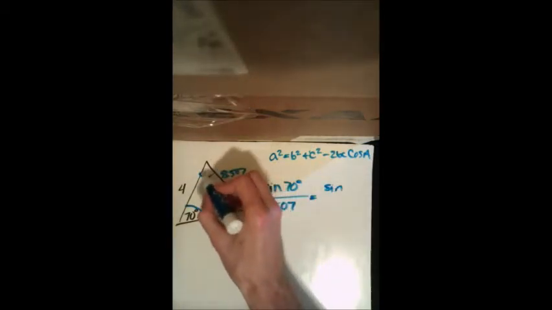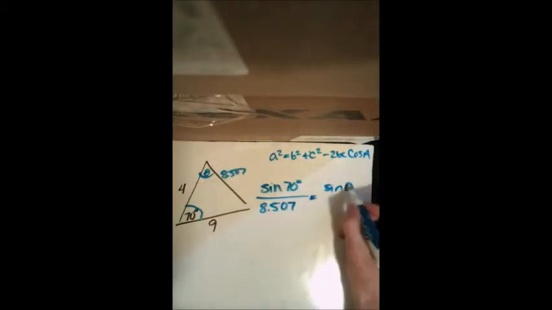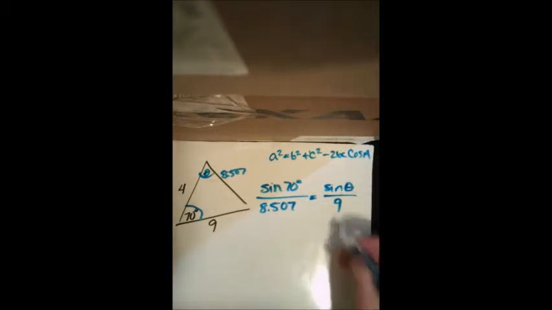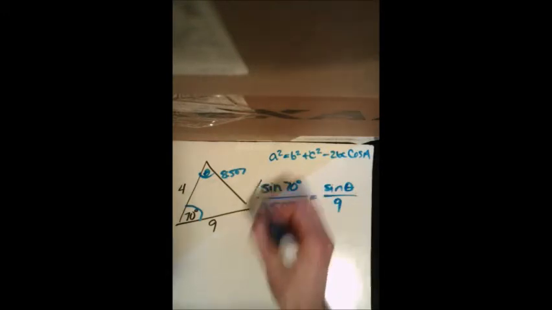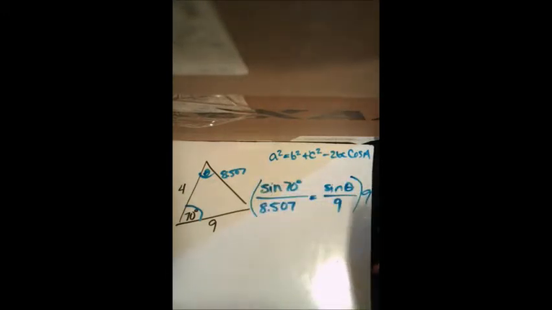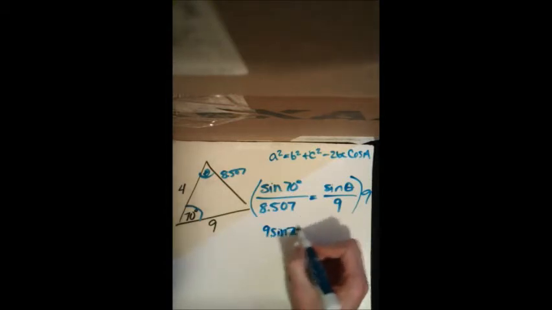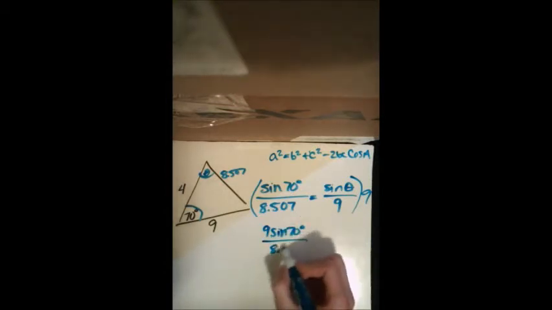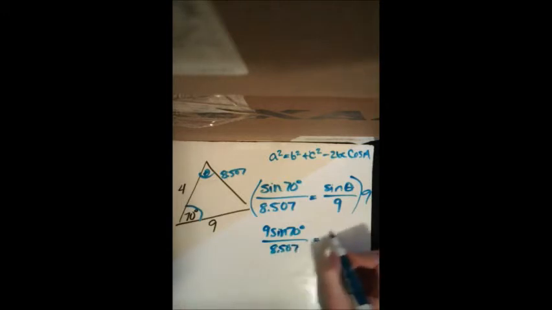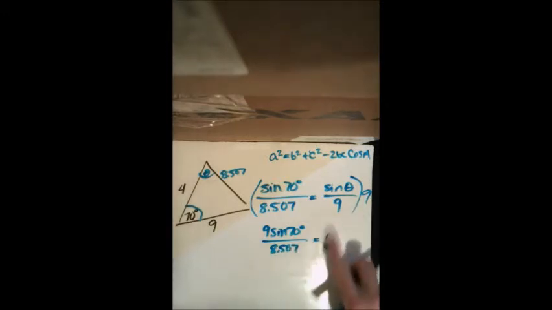Let's say you want to find this one: the sine of theta over 9. And I want to solve for theta there. So I'm going to multiply everything here by 9. I'm going to get 9 sine of 70 degrees over 8.507 equals the sine of theta.